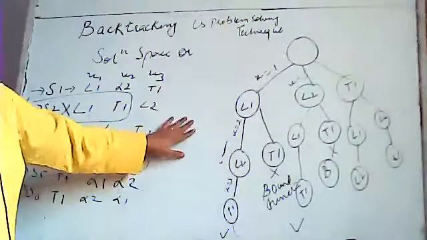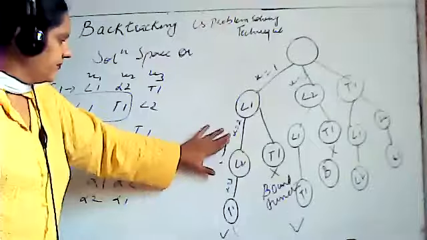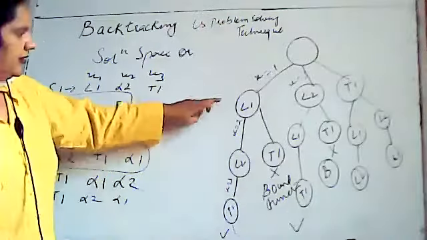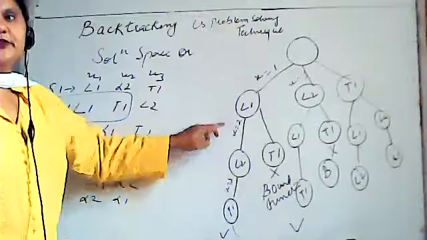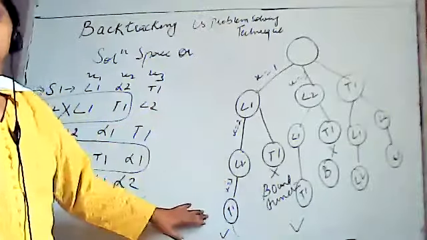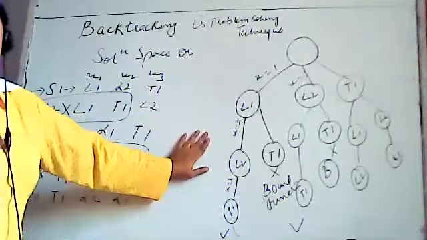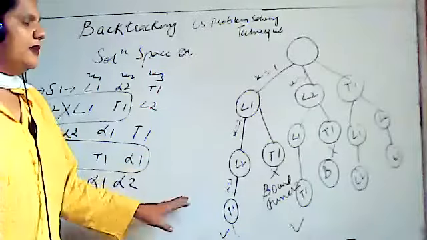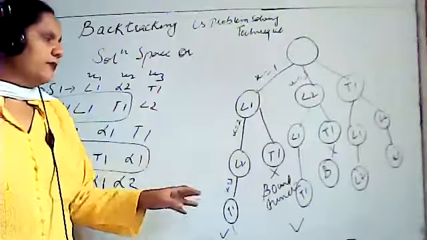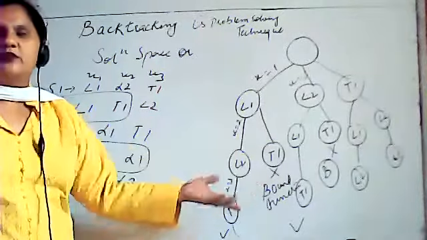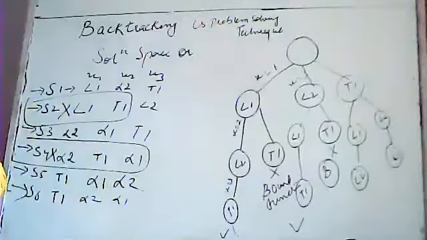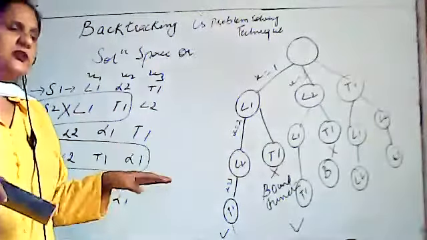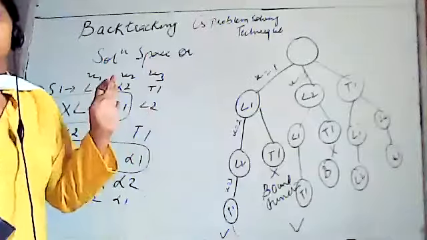If my bounding function does not apply, that means I will get one solution. Here L1 was on the first seat, L2 on the second seat, and the teacher on the third seat, so no bounding function was there. That means I have got this one as a solution. Here I was stopped by the bounding function. So where the bounding function applies, we don't find a solution; where it does not apply, we get a solution.